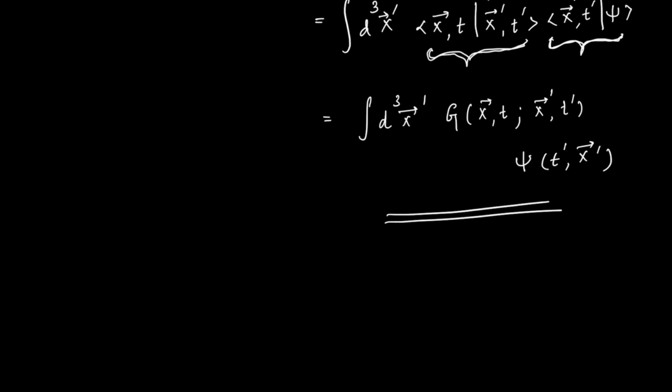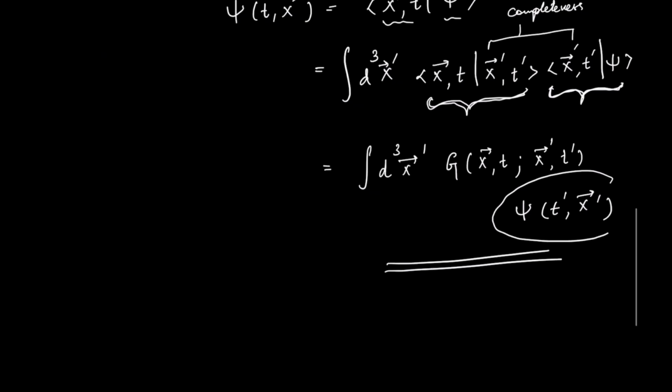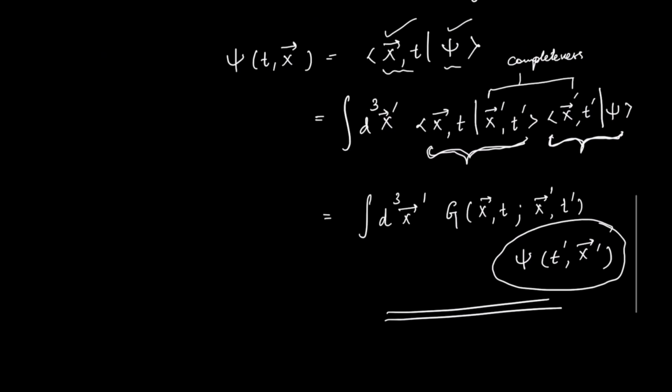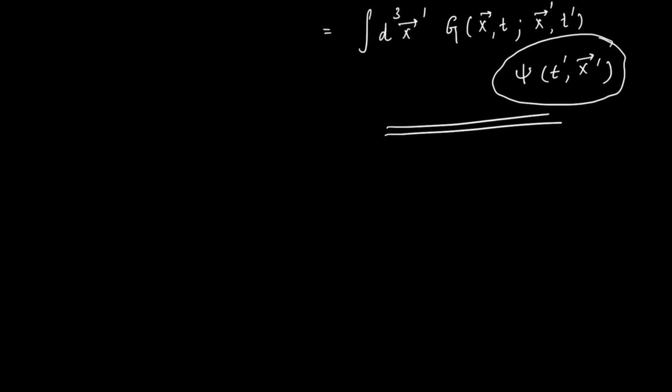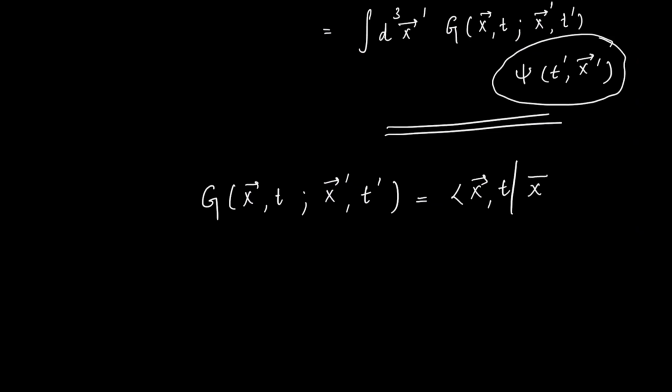If you know this initial wave function psi of t prime x prime, and if you know the propagator, you just need to do an integral so that you get the final wave function. Therefore the full knowledge of your quantum mechanical system is encoded in the propagator G(x comma t, x prime t prime) equal to <x t | x prime t prime>. This is a powerful object in non-relativistic quantum mechanics.